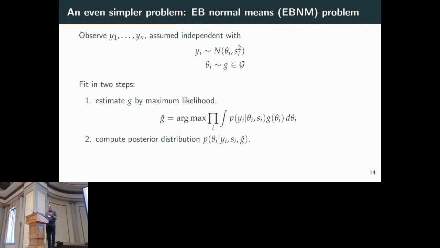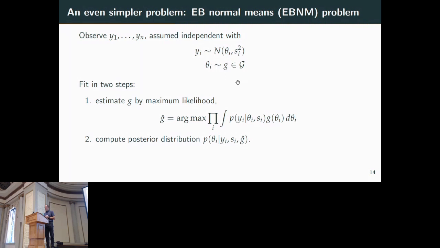So that's where the simplification comes in over doing something more, quote, fully Bayes, where you might try to take account of uncertainty in G. The empirical Bayes method simplifies things by ignoring uncertainty in G, just getting a point estimate for G, but then getting posterior distributions for theta.